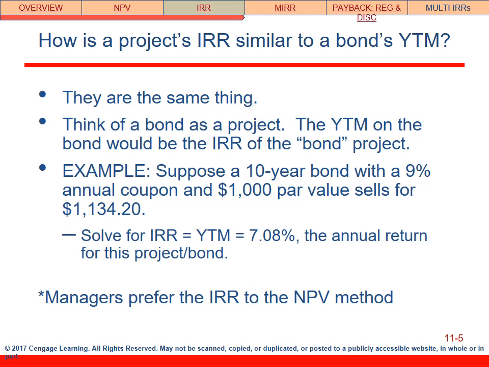But when projects are mutually exclusive, there are certain circumstances where internal rate of return will tell you to do one thing, and net present value will tell you to do something entirely different. If that's the case, when applying net present value and internal rate of return in a mutually exclusive decision, always go with net present value. It will never lead you astray.